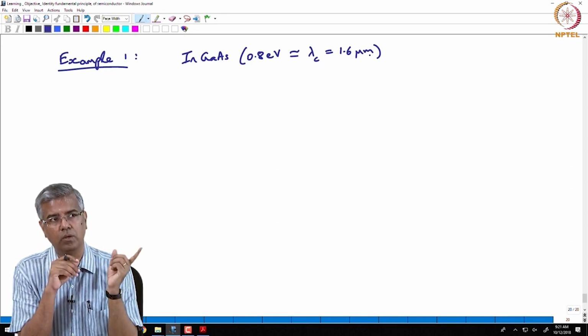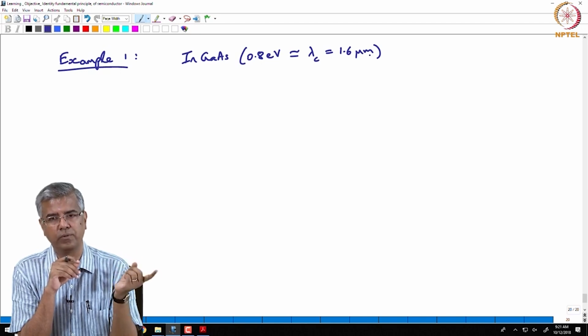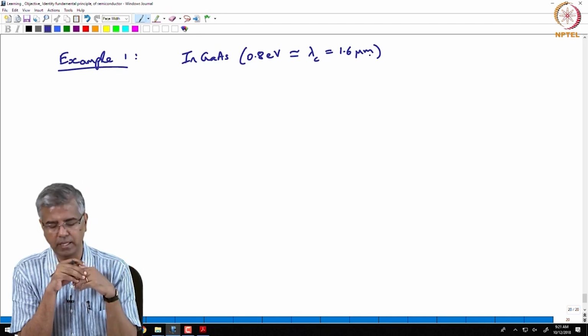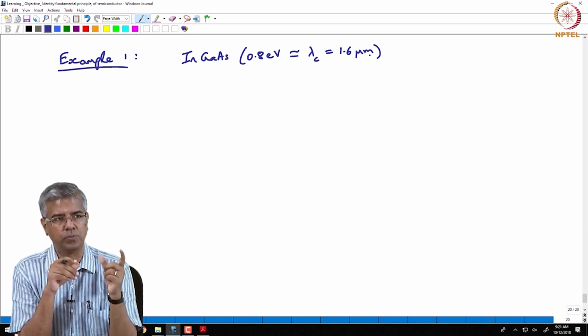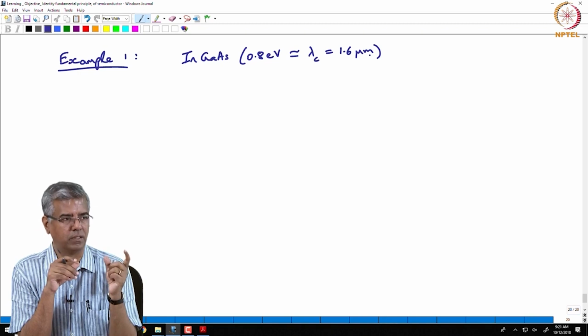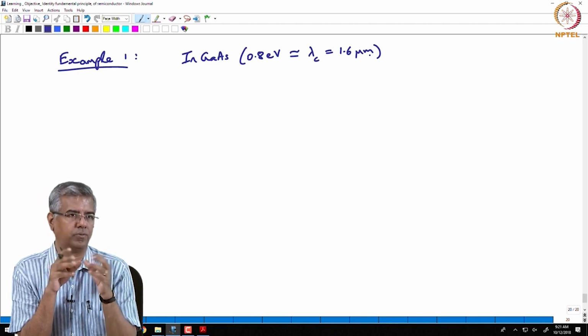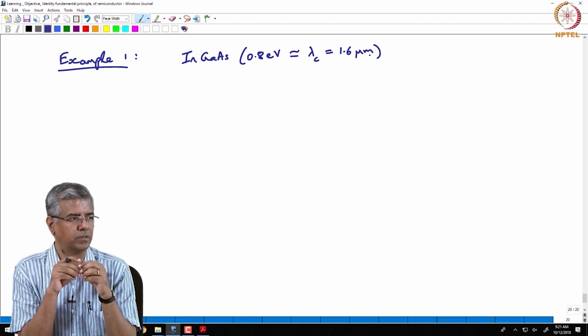So, 1.42 eV, for gallium arsenide, which we were using for LEDs, right, that would correspond to a wavelength in the order of 850 nanometers.